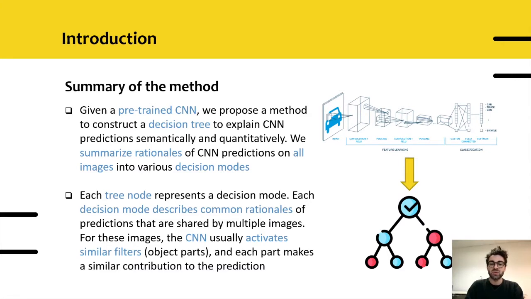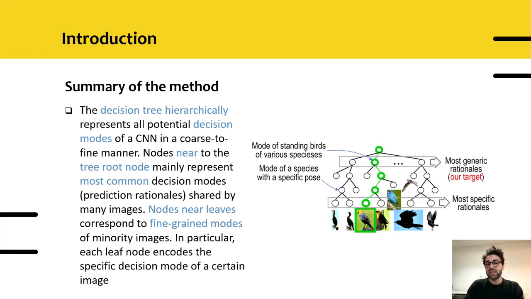Each decision mode describes common rationales of predictions that are shared by multiple images. This means that for these images, the CNN usually activates the same filters, or this means the same object parts in the input image.